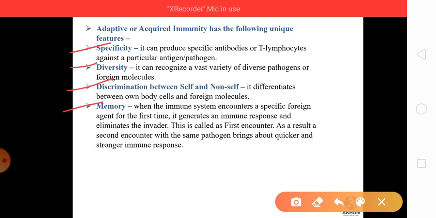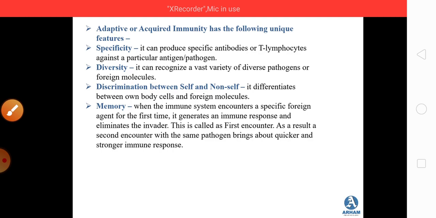Because of that memory, or the antibody the body has already produced, the response is faster, and at the same time much stronger. That means the body will have the strength to fight that particular pathogen in a stronger way. So these are the 4 unique features of adaptive or acquired immunity.